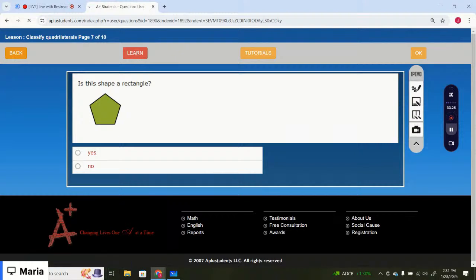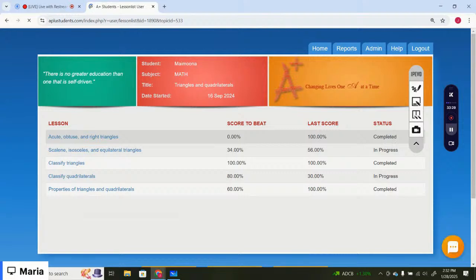Okay, you can complete the lesson by yourself later today. Let me just move on to next lesson, that is properties of triangles and quadrilaterals. Let's just start with the lesson.